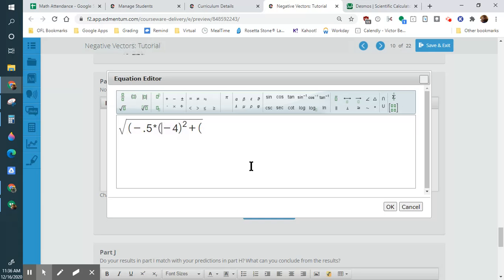Parentheses, it's bugging me. Multiply by 0.5 to get 2. So this will actually give us our component. I guess I should have just calculated the component first.